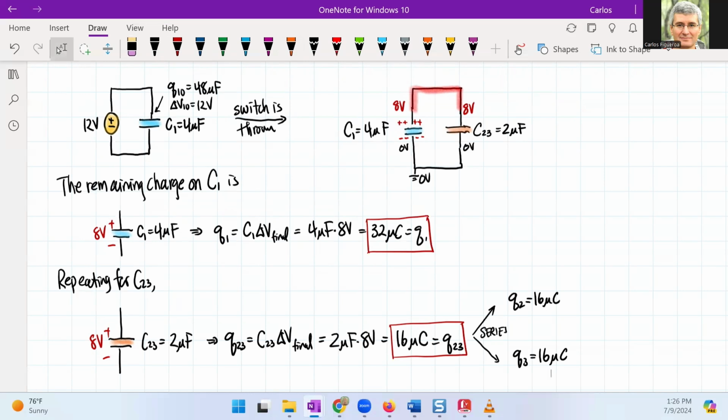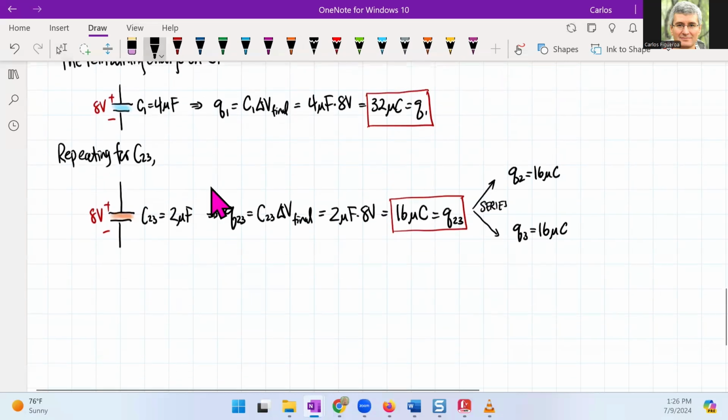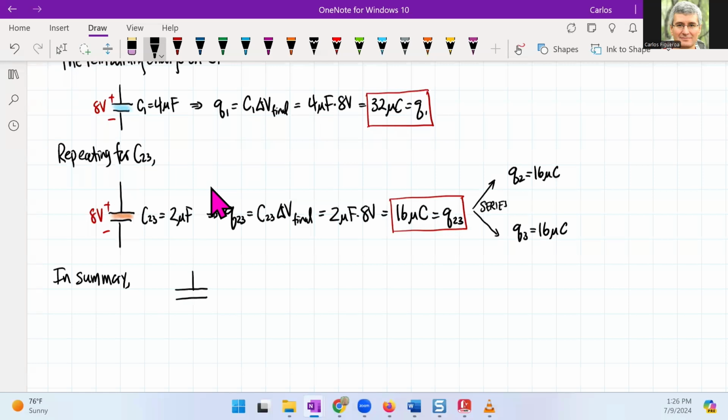So in summary, this is what we end up having. I started off with an initial capacitor. It had a voltage of 12 volts, and it had a capacitance of, I forgot, I think it's 4 microfarads, excuse me.